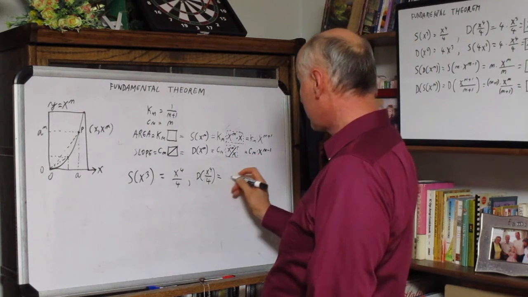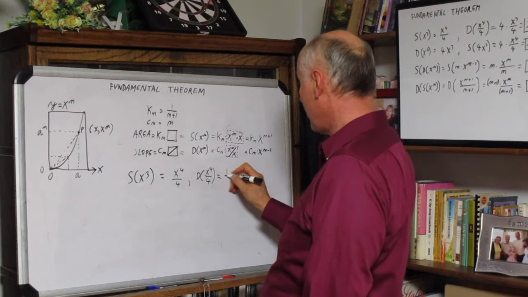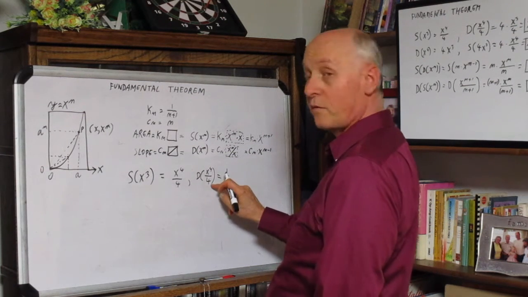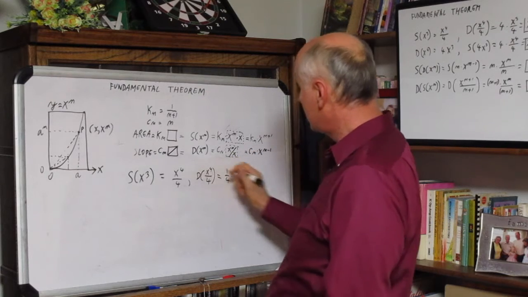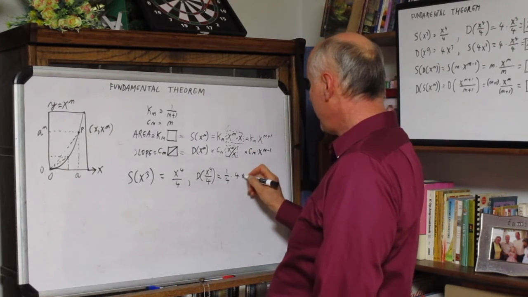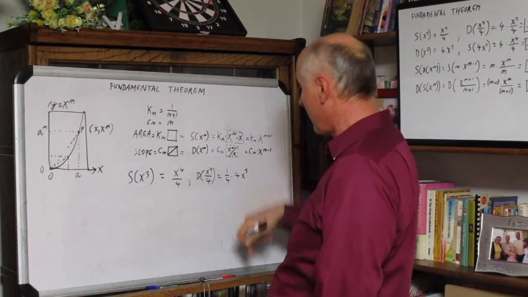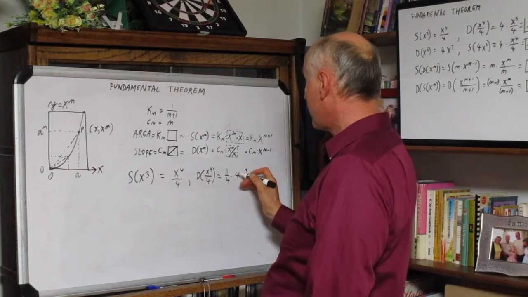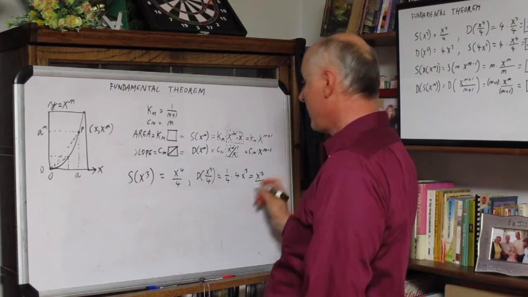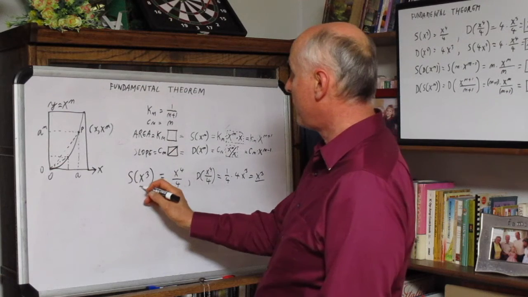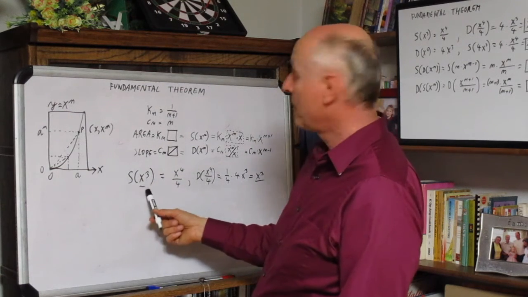It's basically 1/4 times the 4, x to the third, lowered by 1 power. So 4 cancels 4, and that equals x to the third. Notice that you end up with the original function.